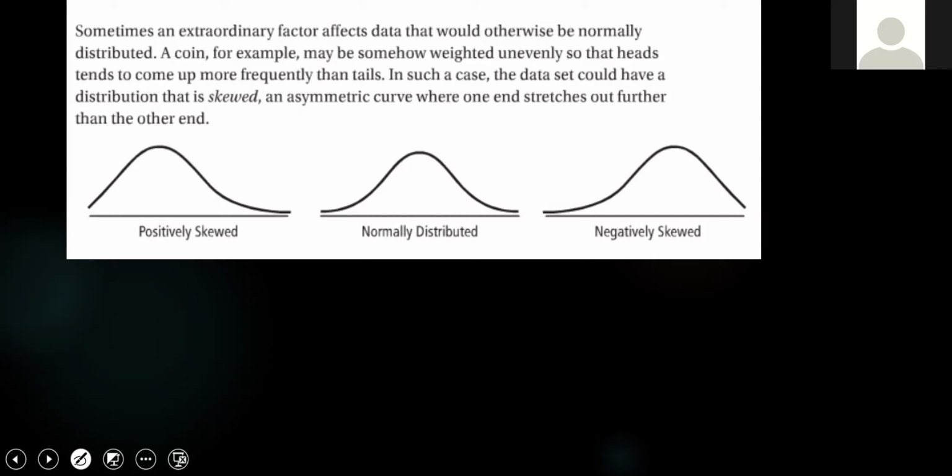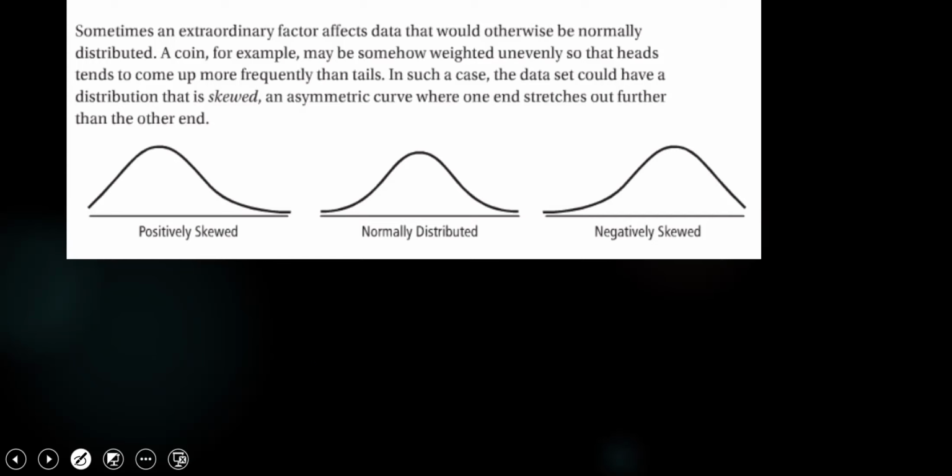This is associated with the mean. In a normal distribution, the mean and the median are the same. With the skewed ones, let me remember first.